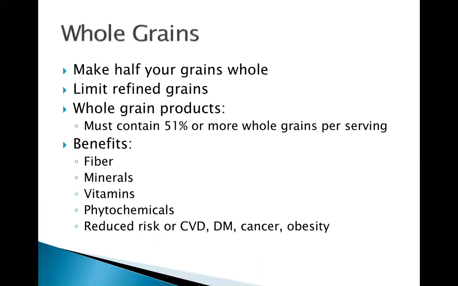And then here it says reduce the risk of CVD, which is cardiovascular disease, DM, diabetes, cancer, and obesity. When we eat whole grains, we actually feel more full. And this feeling of fullness reduces spikes in blood sugar as well as helps us to eat less.